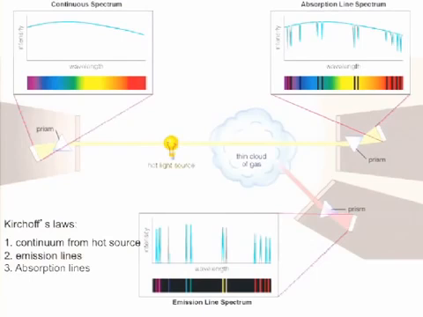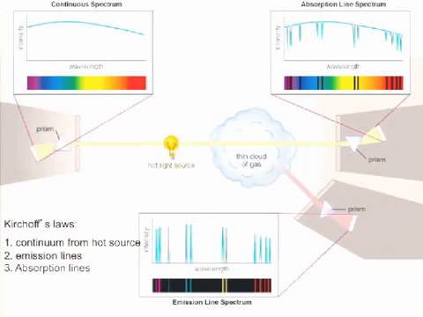If the hot light source goes through a thin cloud of gas and scatters, it'll scatter primarily in the lines of whatever makes up this gas. If it's made of hydrogen, you'll see hydrogen lines over here. You spread the light, and what you see is a spectrum of these lines.